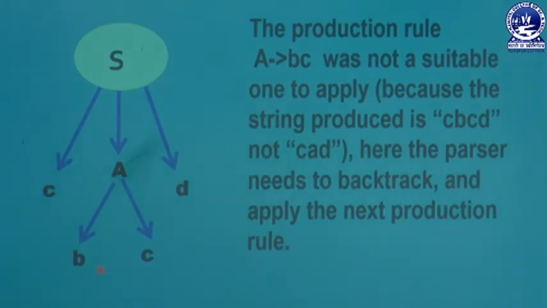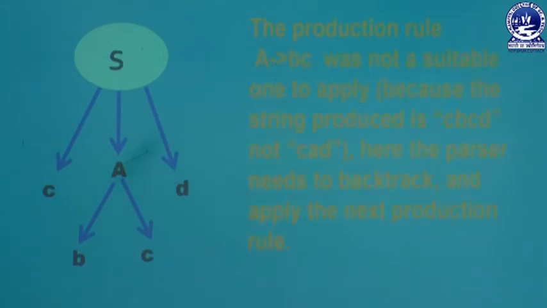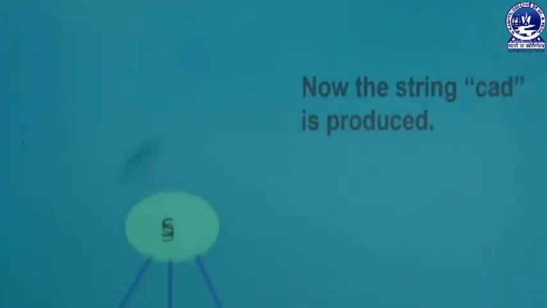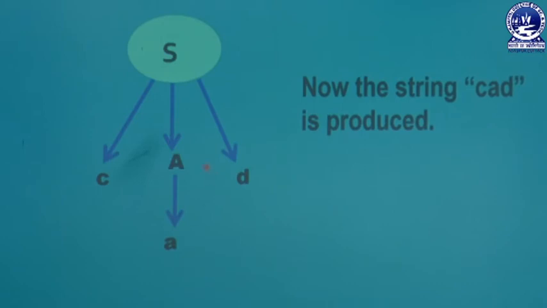So here we will discard this one and we will apply the next production rule. The next production rule is A derives A, and here we are getting CAD. Now the string CAD is produced.